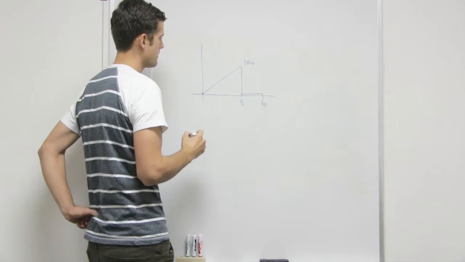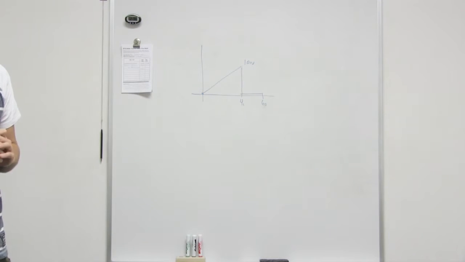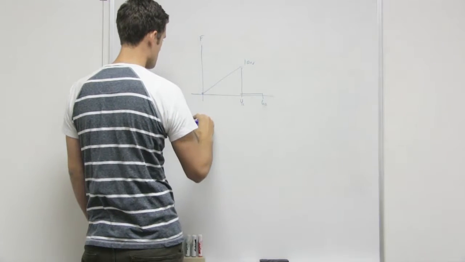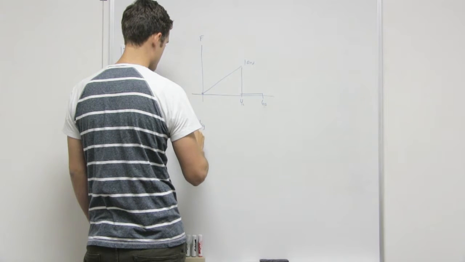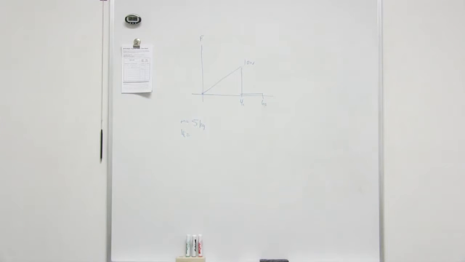Okay. And then it tells you about the object. A 5 kilogram object initially at rest at the origin is subjected to the time varying force shown in the figure.